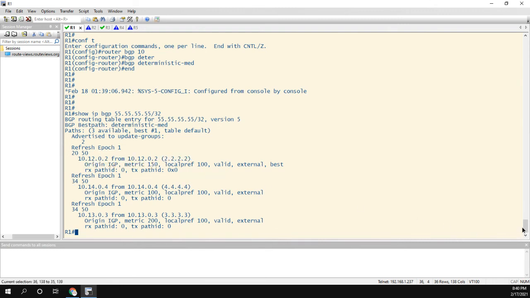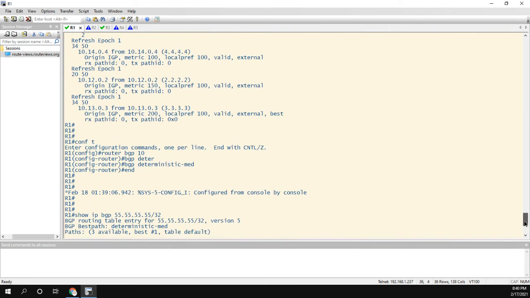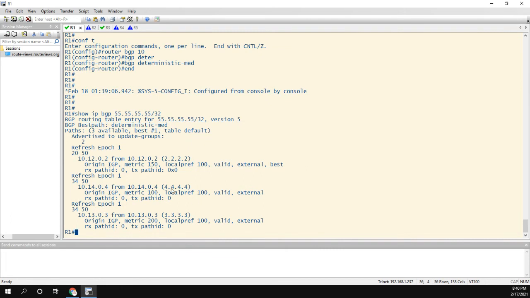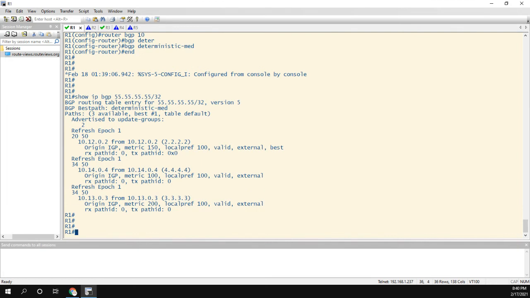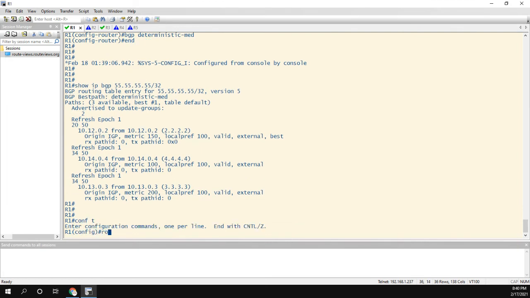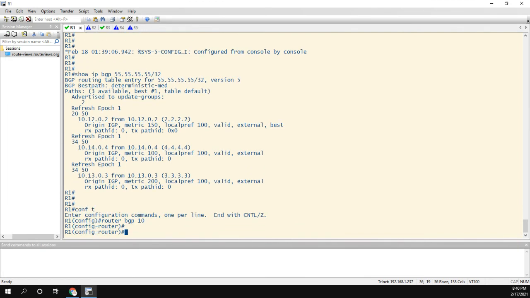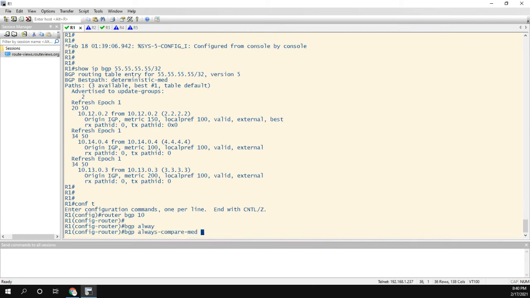If we scroll back up, we see the route from 2 is older than the route from 4. So we're still taking the route from 2, which the MED is 150, so it's better than 200. Still not exactly what we want. In this situation, we can do one more command. BGP Always Compare Med.